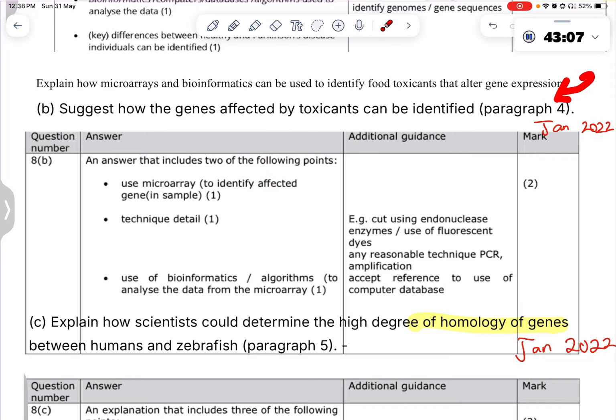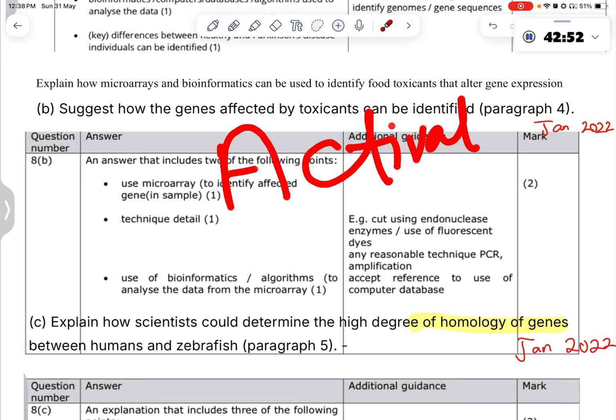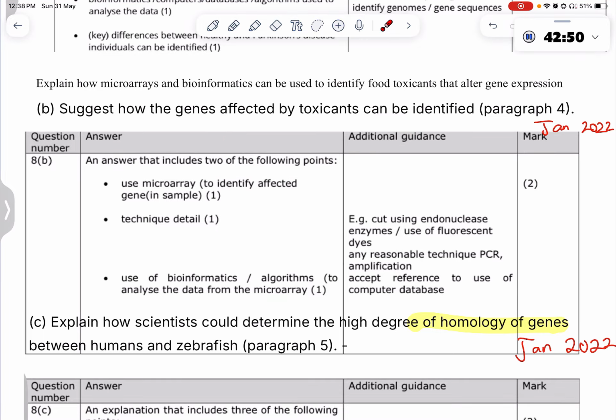It's just from the context of the paragraph, where you would see that they used microarrays, or that there are some genetic differences, or that some genes are activated, or the use of bioinformatics is mentioned in the paragraph. That indicates the importance of preparing or reading the article previously before the exam.